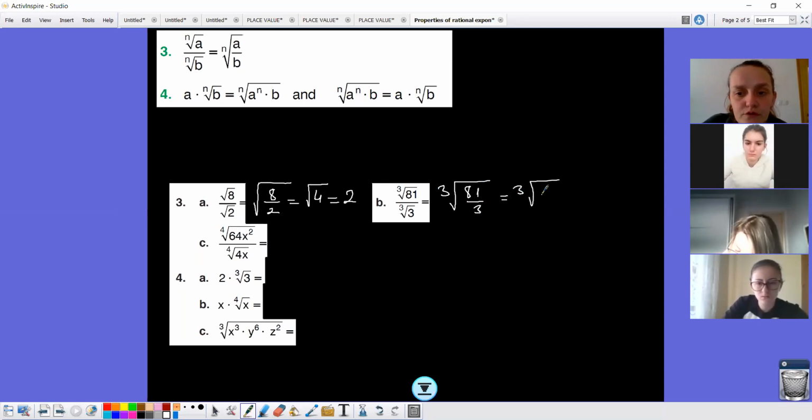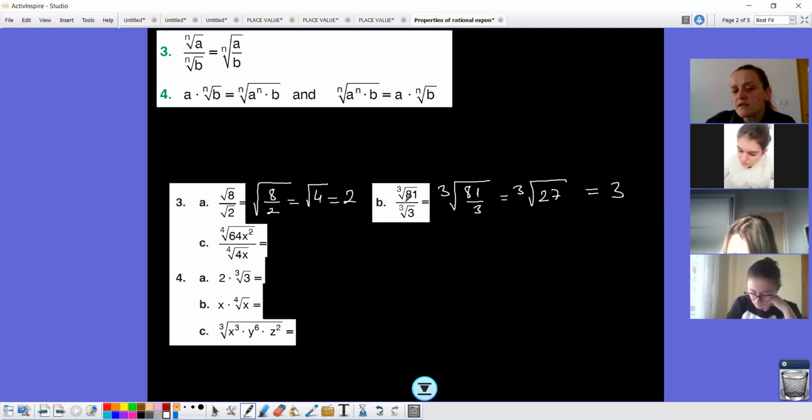Cube root of 27 we have, and it's 3. So the result is 3. Like this, it seems you cannot solve it since we don't have cube root of 3, but when you use the properties, you get that the result is 3.